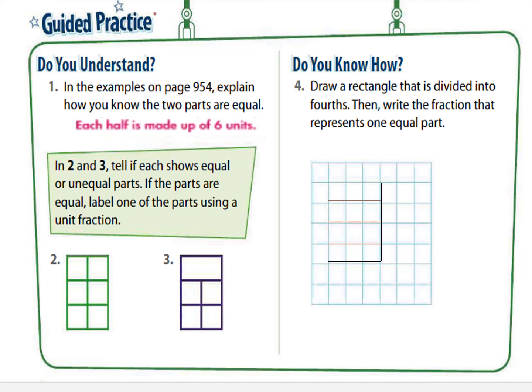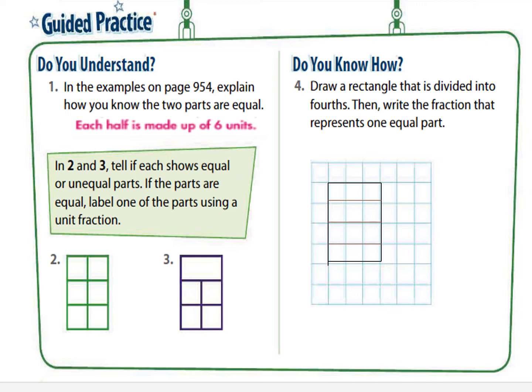In 2 and 3, tell if it shows equal or unequal parts. If the parts are equal, label one of the parts using a unit fraction. Look at question number 2. Do you have equal parts? Excellent.